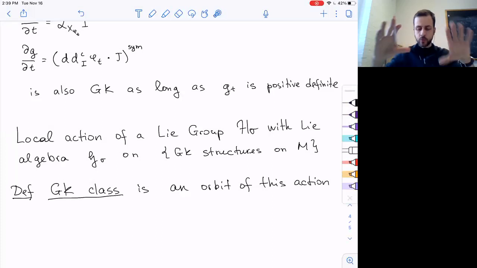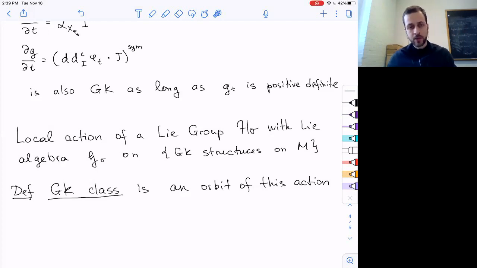You start with one generalized Kähler structure and you act by these one-parameter Hamiltonian deformations in all possible ways. The set of generalized Kähler structures which you obtain will be called the generalized Kähler class.